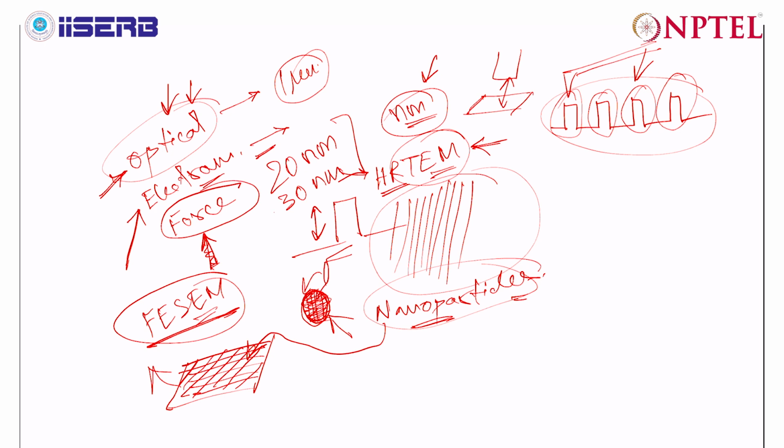However, in case of TEM, you can very easily measure 20 nanometer, 30 nanometer particles with proper shapes, whether it is spherical or triangular or elliptical, whatever it is, you can see that in that particular image. So this is what different imaging techniques are concerned.